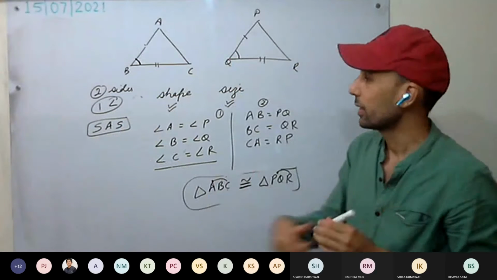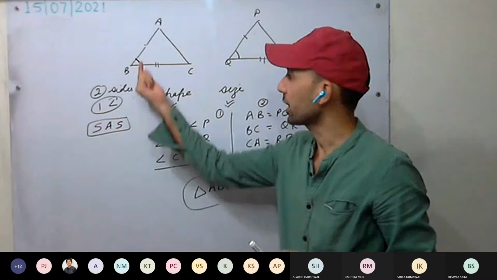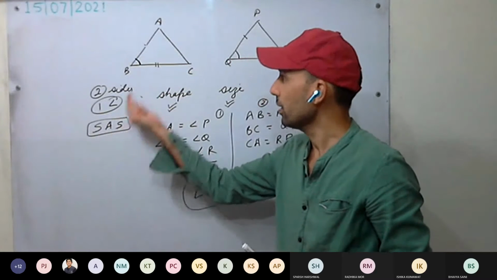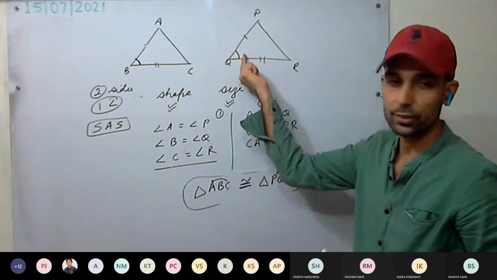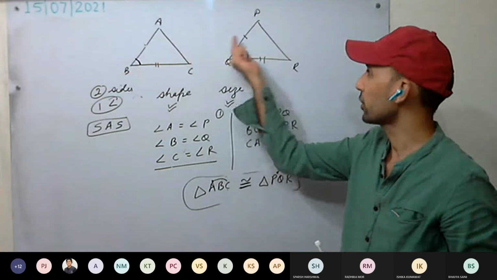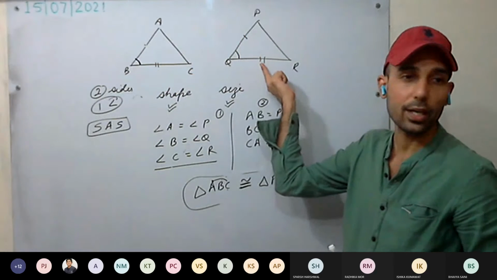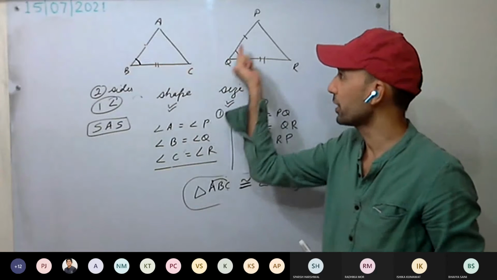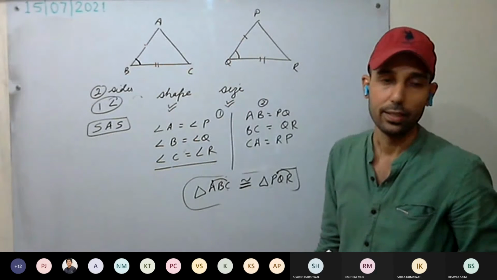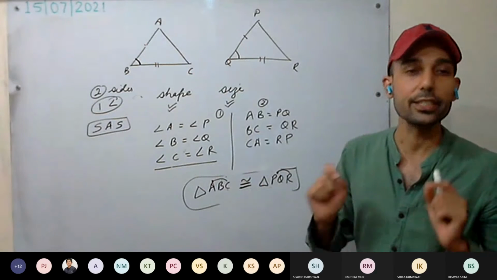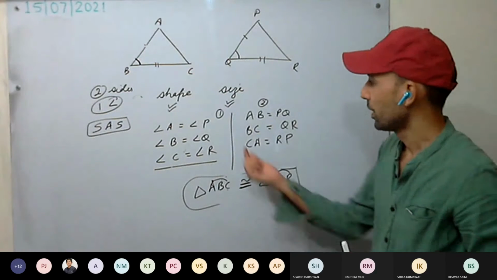If you prove two sides of one triangle equal to two sides of the other triangle, respectively, and the angle included between them is also equal, then we can say these two triangles are congruent. This is the minimum required.